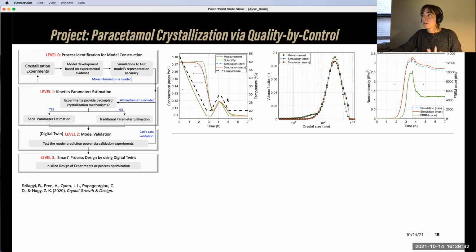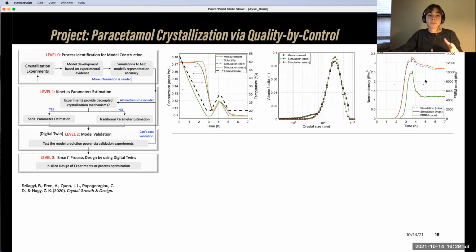And here you see the concentration data, crystal size distribution, and also the crystal number during the experiment. And the model did a very good job in predicting the crystal size distribution, the product distribution, and in mimicking the crystal count.